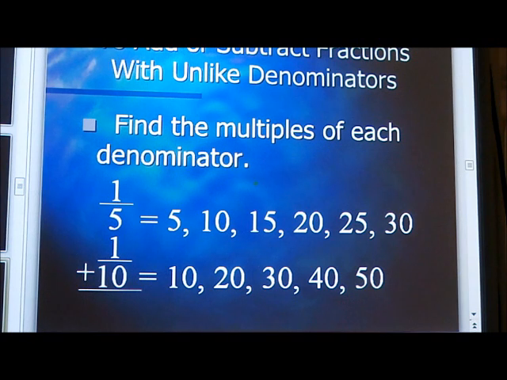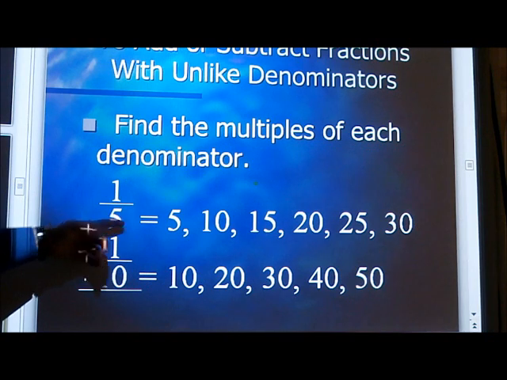If you're looking for multiples to make common denominators, you're going to do the same thing. So if I have 1/5 and 1/10, and it doesn't even matter what I'm doing with those fractions, if I'm comparing them, it's easier if they have common denominators. So what I want to do is find a common multiple that those denominators have in common.